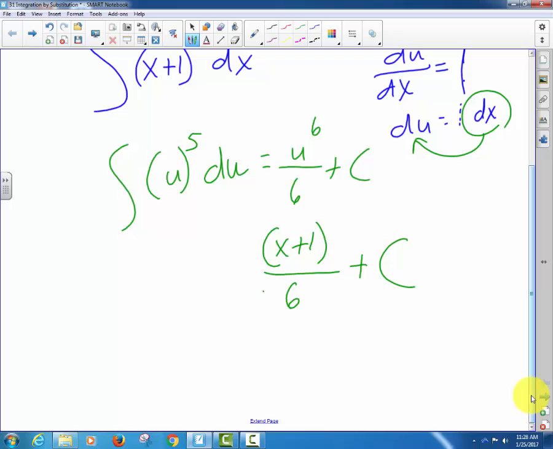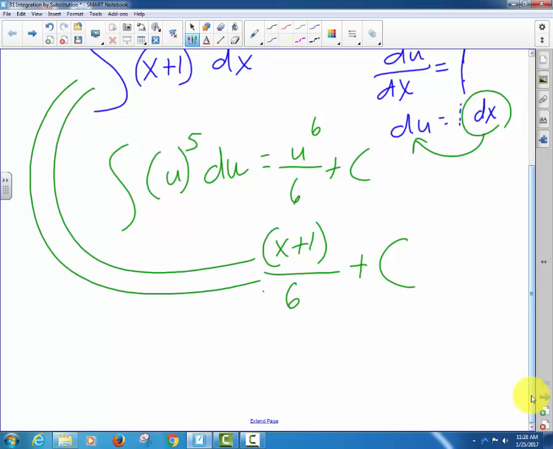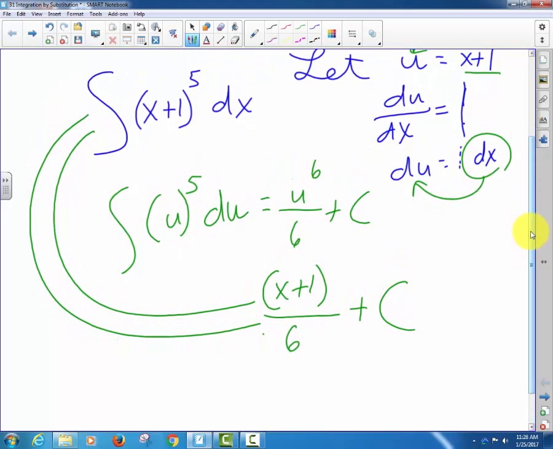That is an antiderivative for that original thing, because what happens if you take the derivative? I forgot that exponent of 6. How do we take the derivative of this thing right here? We've got to use the chain rule, right? We're going to bring the 6 down.